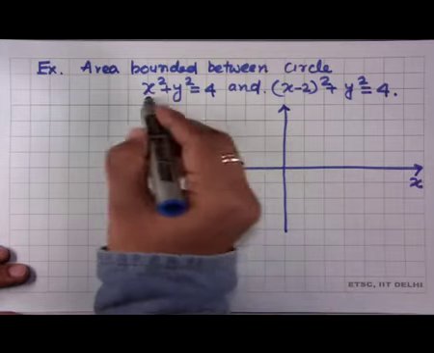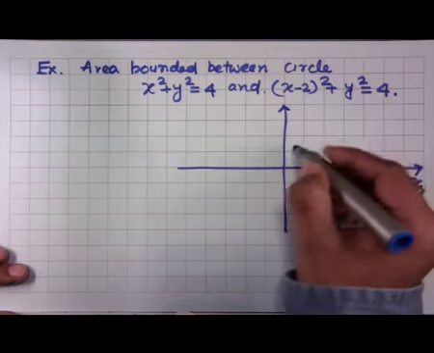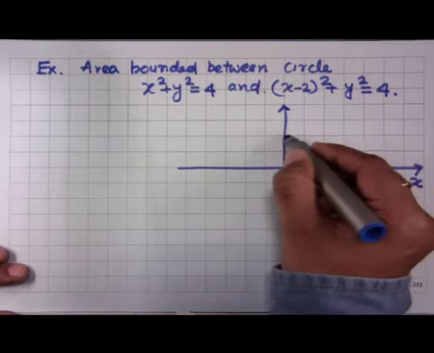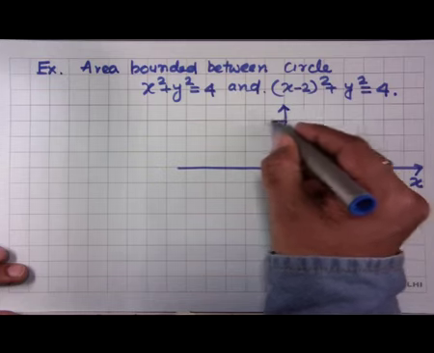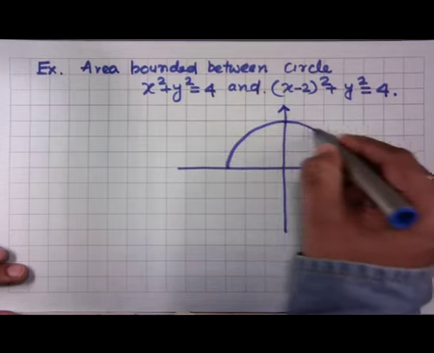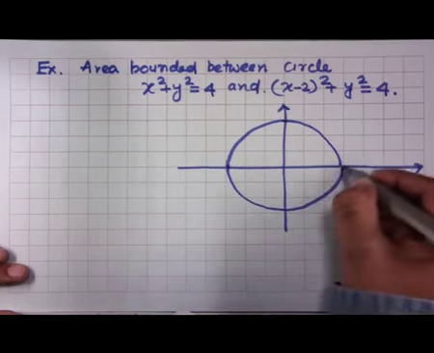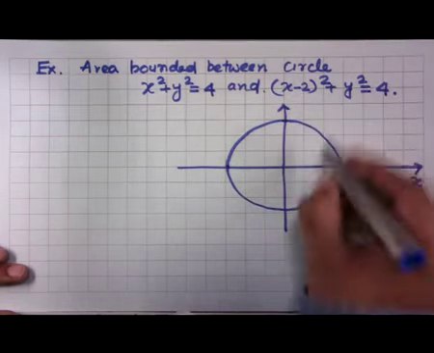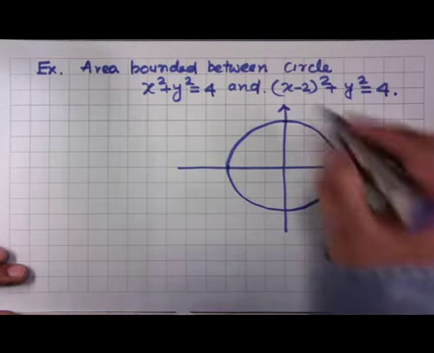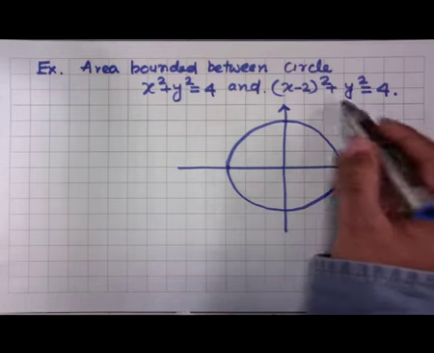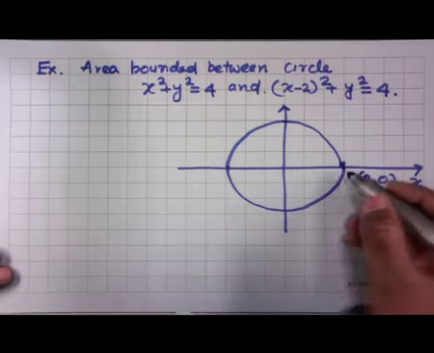So, this first one, x square plus y square equals to 4, is a circle of radius 2 and center 0. So, you get this, and this point is 2 comma 0, and this is also a circle with center 2 comma 0 and radius 2.